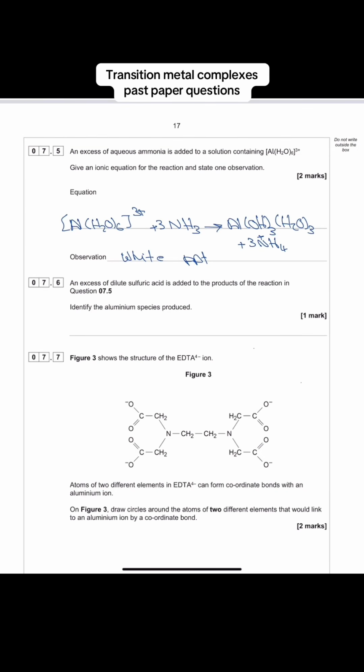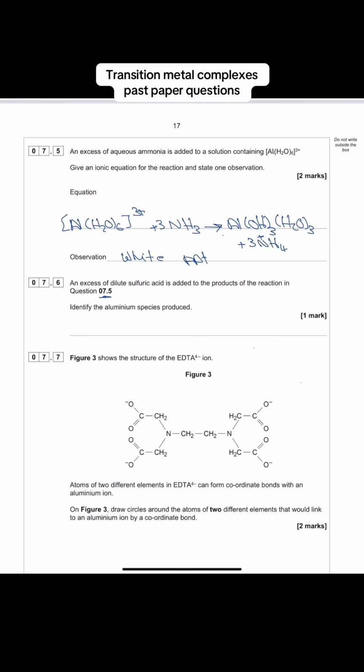An excess of dilute sulfuric acid is then added to the product of the reaction in the previous question, which is the aluminum hydroxide. Identify the aluminum species produced. So remember that aluminum hydroxide is amphoteric, meaning it will act as a base in the presence of an acid and will act as an acid in the presence of an excess of a base.